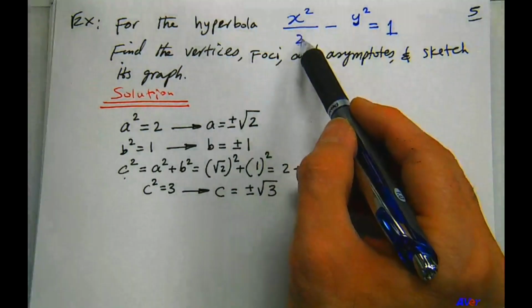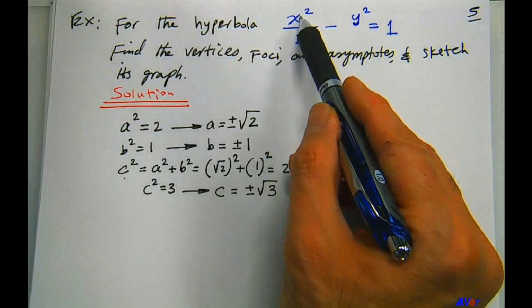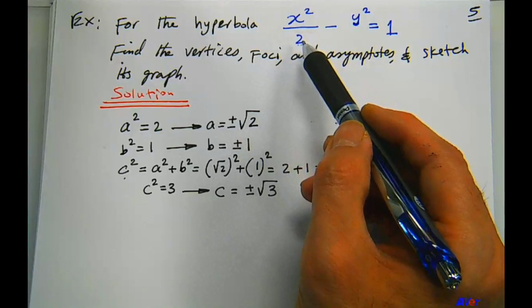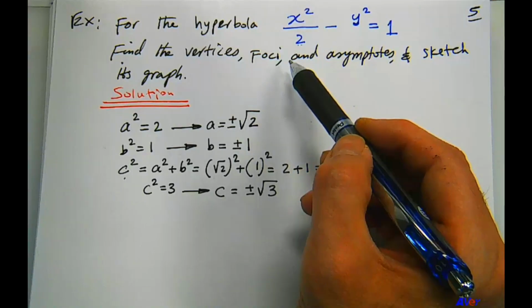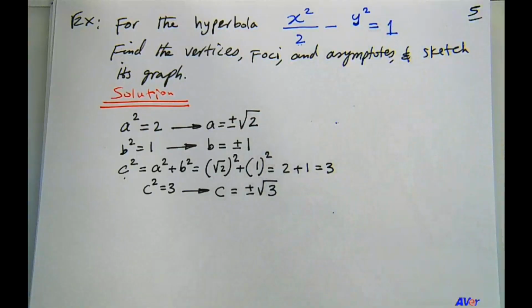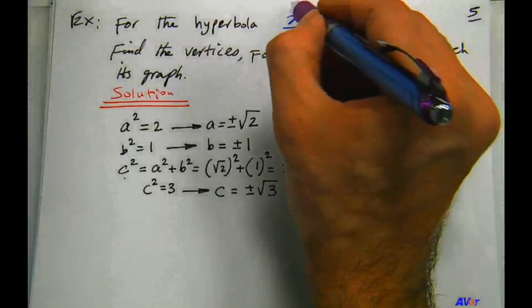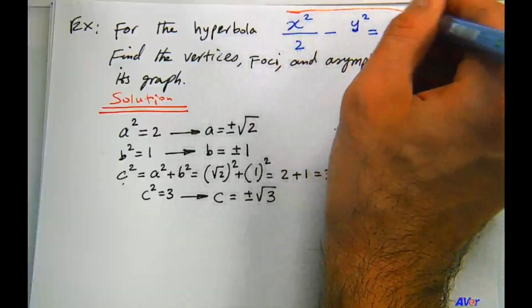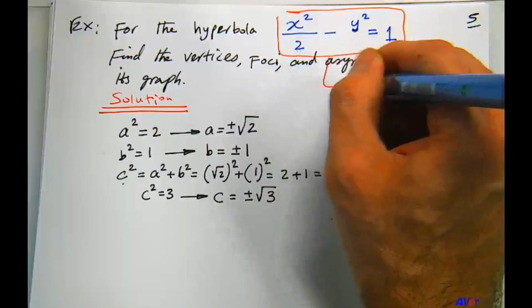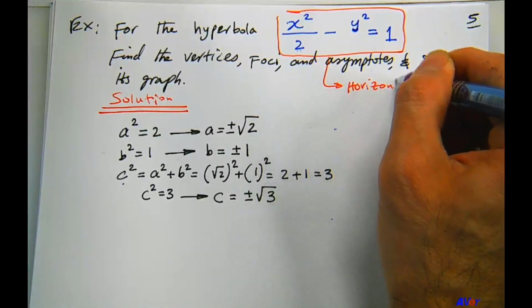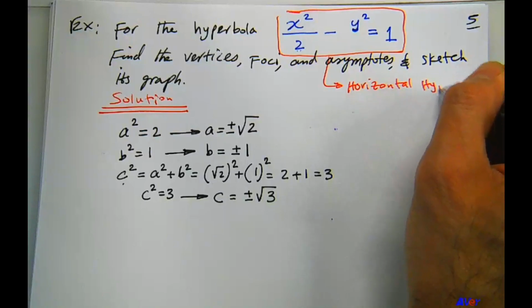Also, a squared is the denominator of x squared. So is it a vertical hyperbola or a horizontal one? Do you remember? It is a horizontal hyperbola. I should make a note of that. From this equation, we know we have a horizontal hyperbola.